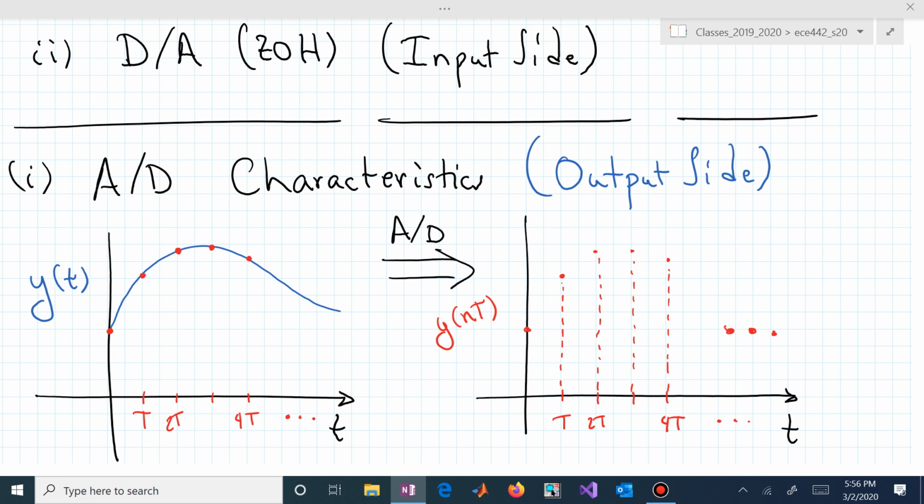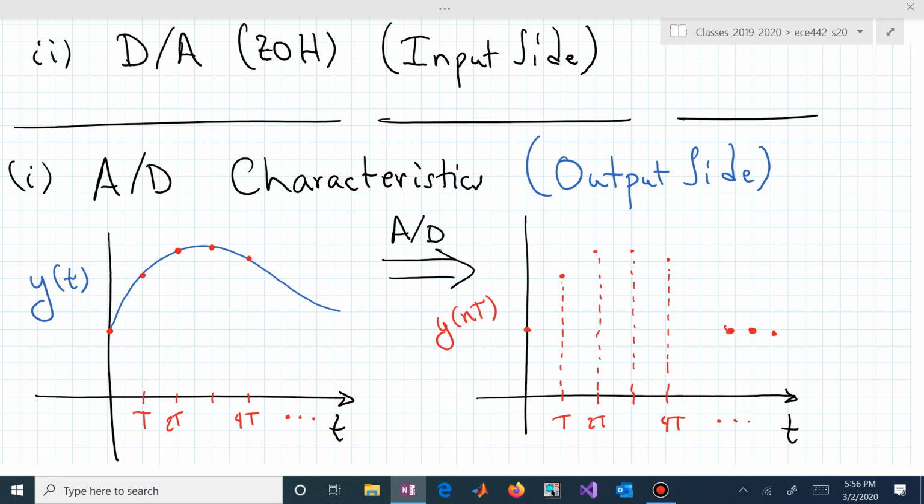What's the relationship, or what are the properties? Are there any dynamics in this? I now have y of t at time 0. Let's say it's 6. What do you see at the digital output side? What's y of 0 in the discrete time setting? 6.